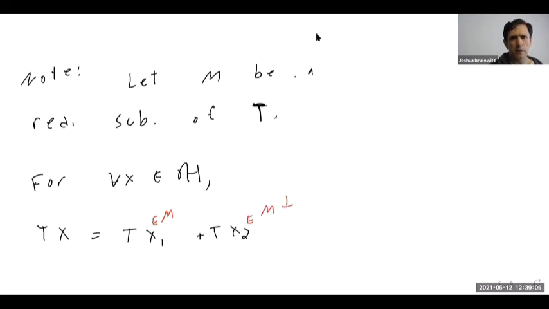So if M is a reducing subspace of T, we know that T M is a subset of M. So this is in M. And we know that T M perp is a subset of M perp. So this is in M perp.